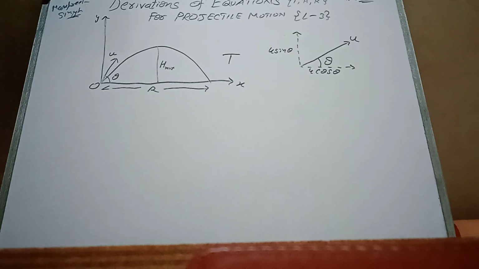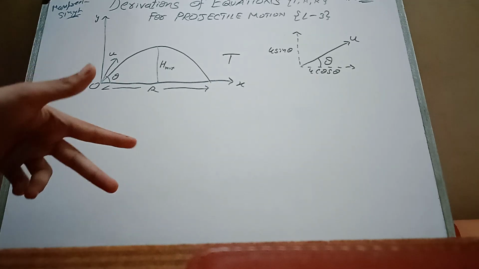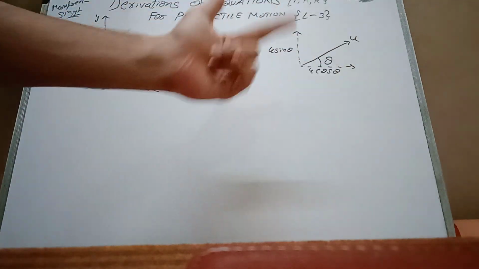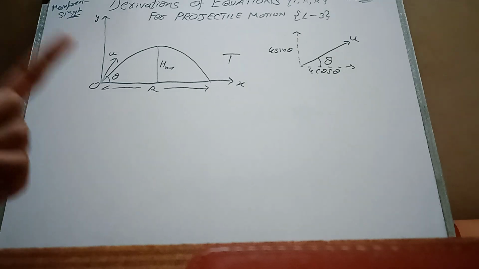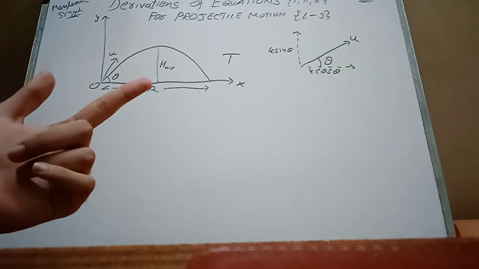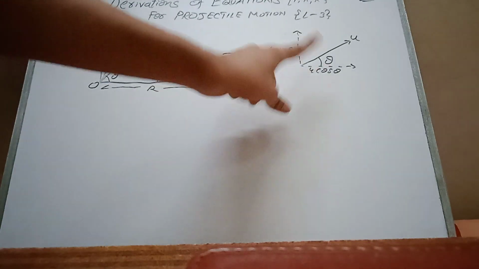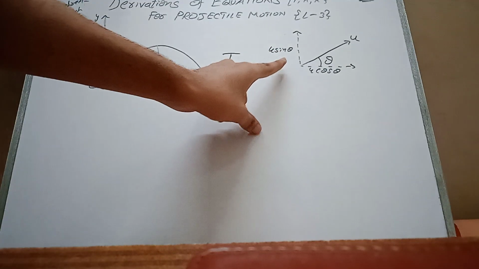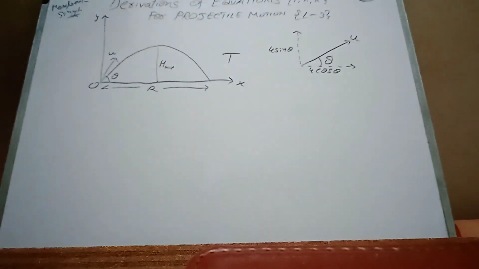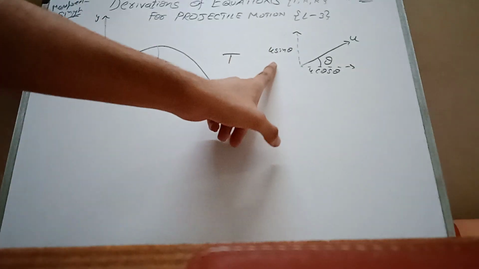Remember that sometimes in questions the angle is given from the vertical, so you have to take the horizontal angle. Keep in mind the language of the question also. This angle theta is taken from the horizontal, and the initial velocity components are u sine theta and u cos theta.